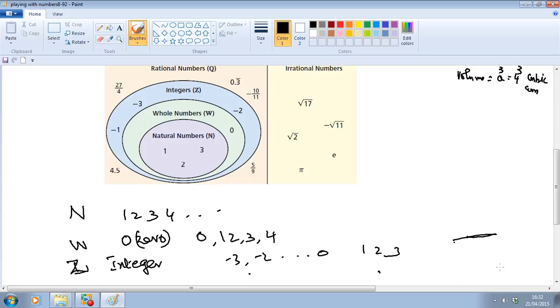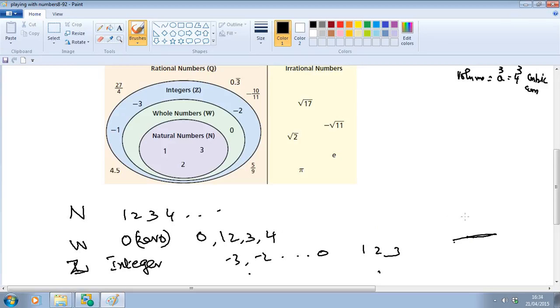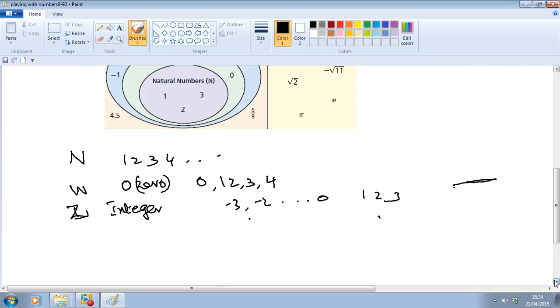So next, what is a rational number? What is the difference between rational and irrational numbers?